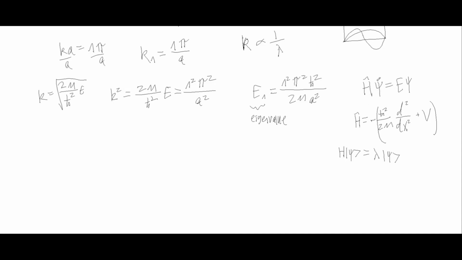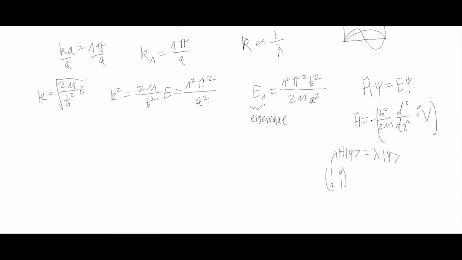It's just that instead of the operator being some square matrix, like when we were doing spin, this is the Hermitian operator right here. And that is why E here is an eigenvalue. So the Hamiltonian here is the energy operator.